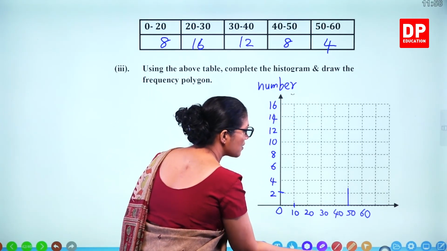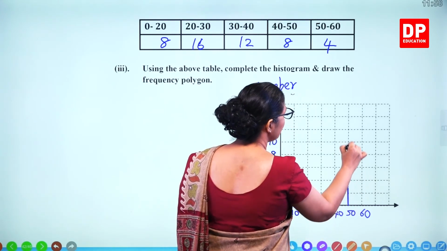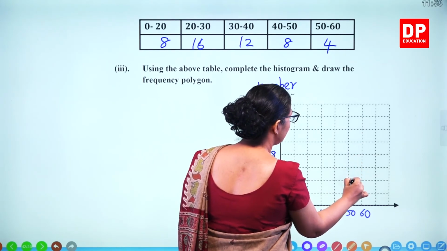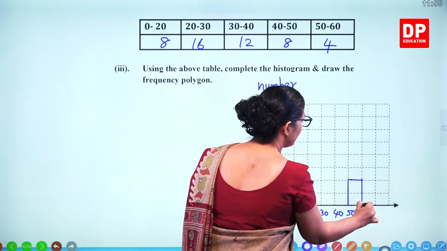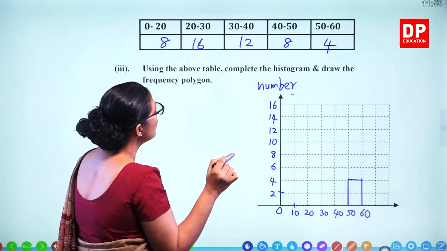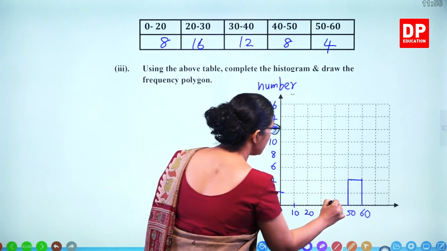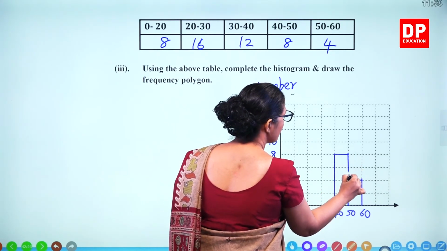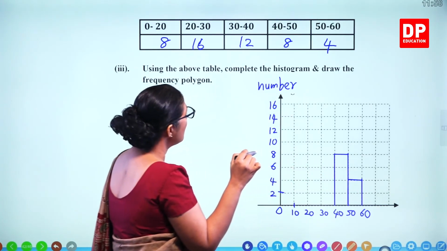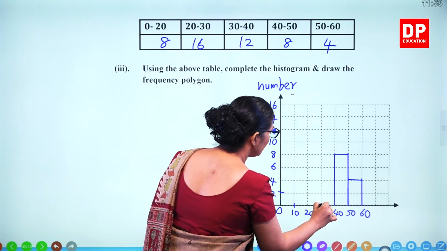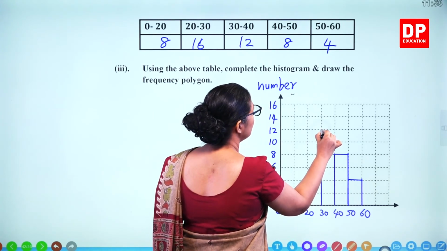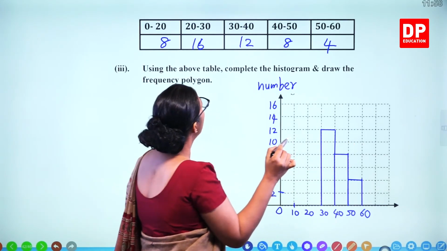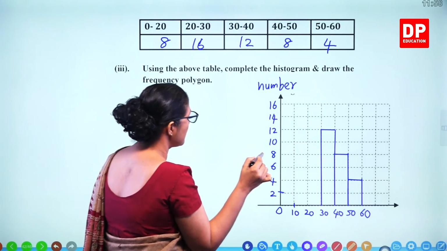And you can draw the bars now. 50 to 60, that's 4. 40 to 50, that's also width is okay, that's 8. 30 to 40, that's 12. 20 to 30, that's 16.